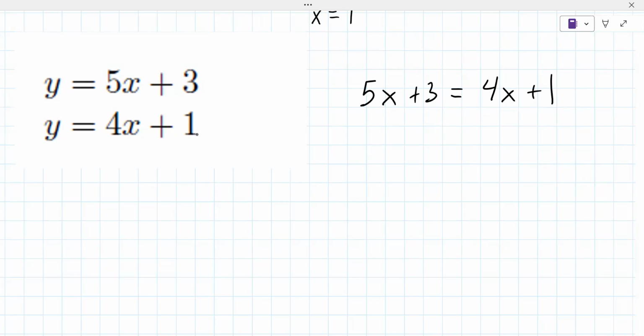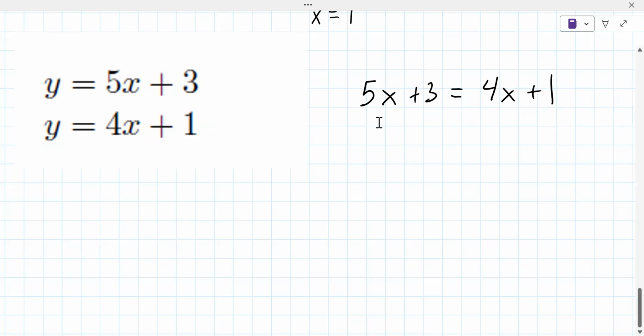Which way do you move? Which is smaller? The 4x. No, you're not doing the ones with variables, are you? So you would move, which is smaller, the 4x or the 5x?